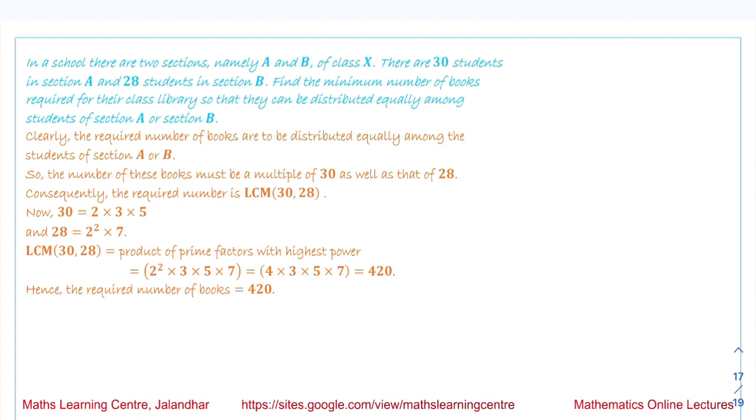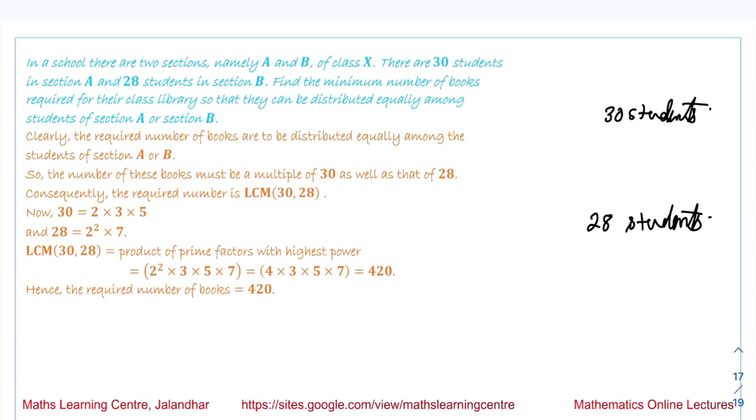There are 30 students in section A and 28 students in section B. Find the minimum number of books required for their class library so that they can be distributed equally among students of section A or section B. Now we are saying in section A there are 30 students. In section B there are 28 students.